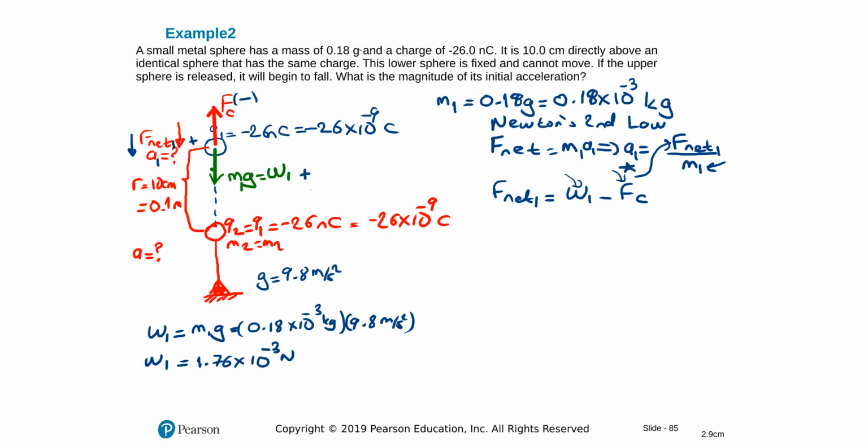Now we will find the Coulomb force, or electrostatic force, or electric force between the charges, which is pushing on charge 1 in the up direction: k q1 q2 over r squared.